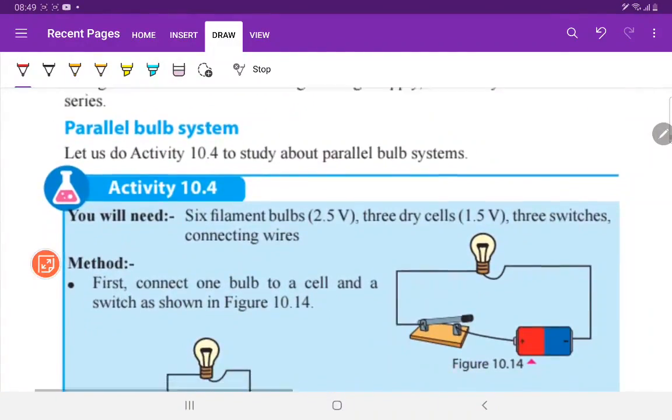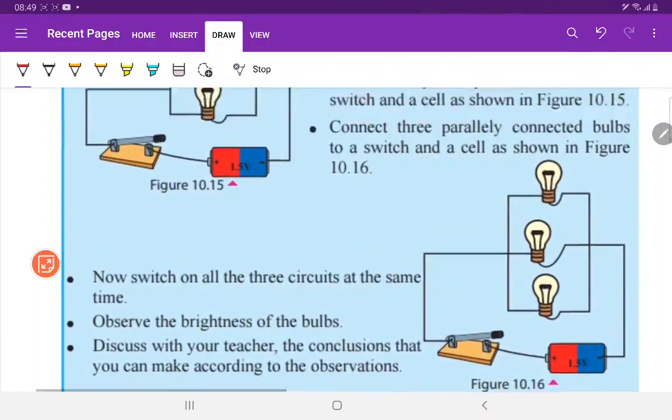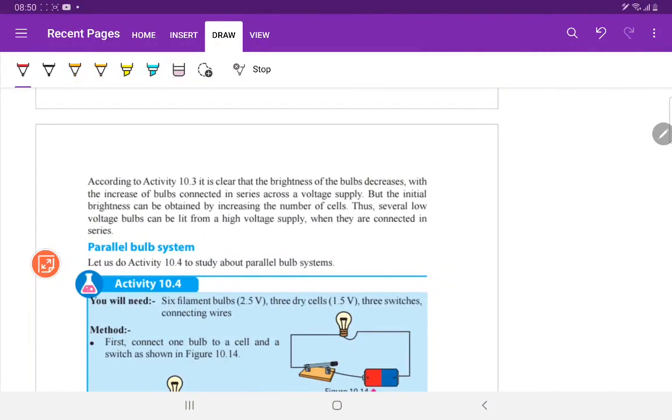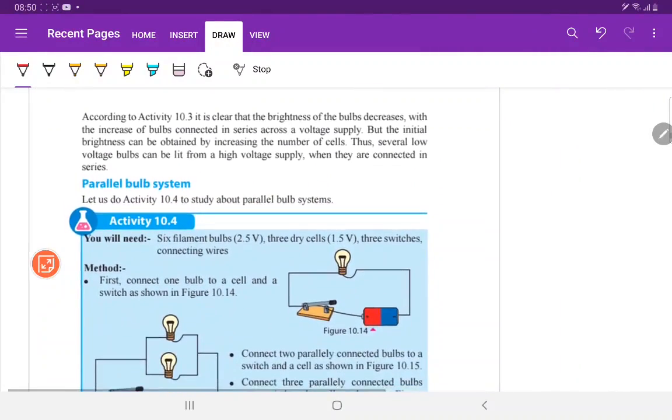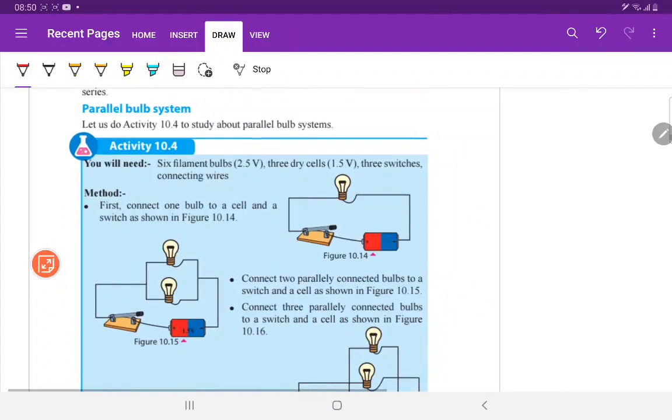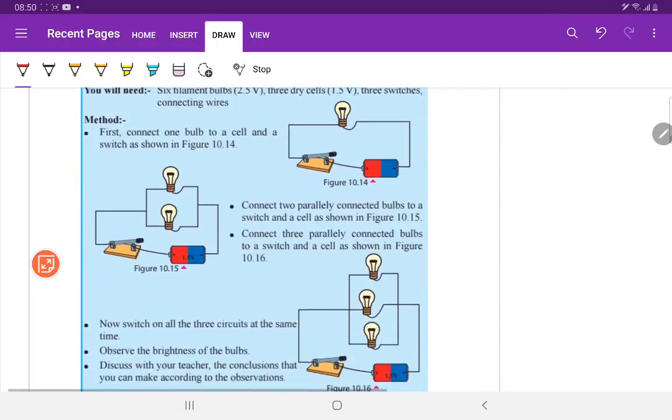Now we are going to see the parallel bulb system. We saw the series bulb system; now the parallel bulb system. Activity 10.4: 6 filament bulbs of 2.5 volts each, 3 dry cells of 1.5 volts each, and 3 switches will be needed to construct all 3 circuits.